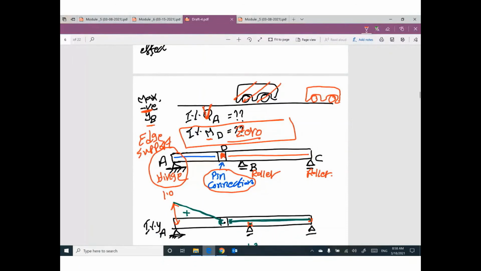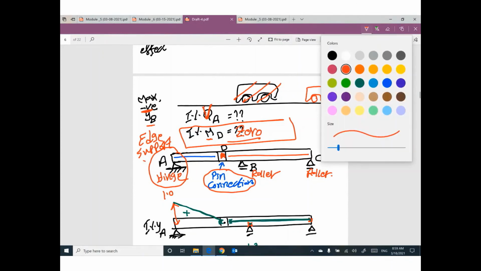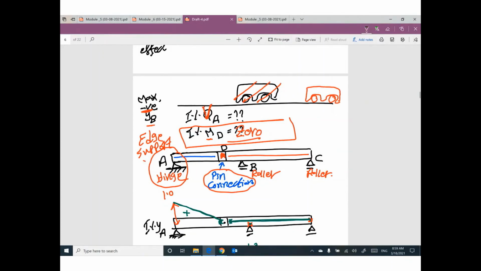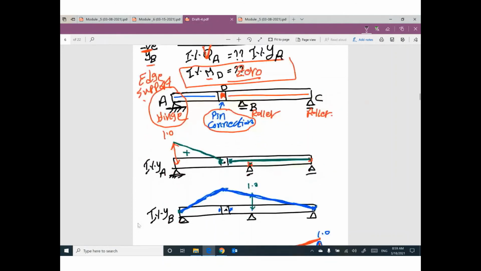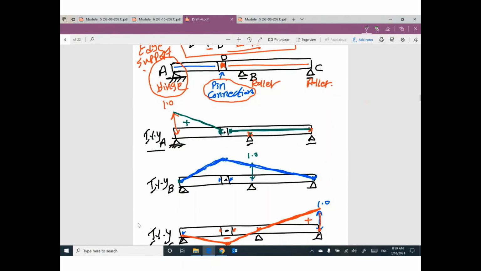If I'm asking for influence line for shear at edge support, the influence line for this shear will be the same as the influence line for reaction at this support. So influence line for reaction YA will be the same as influence line for shear at A. Same diagram.